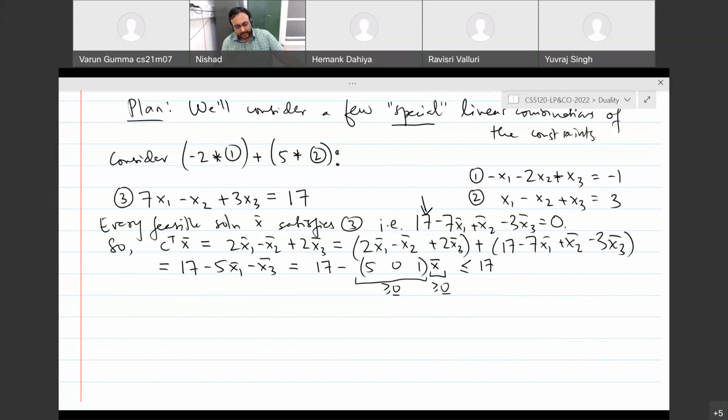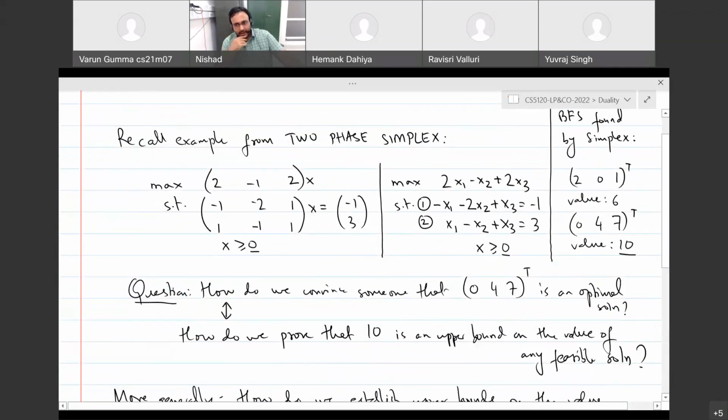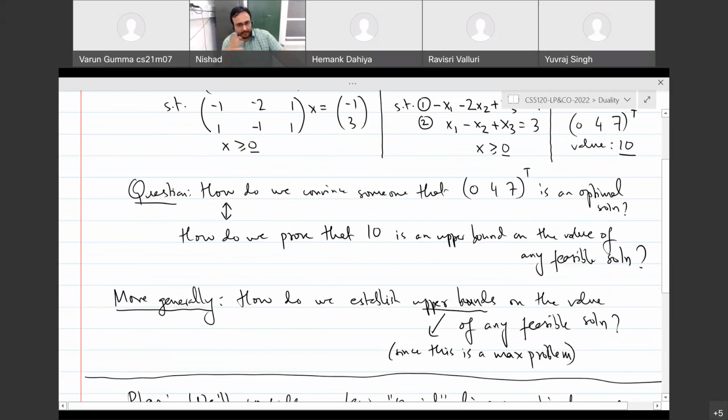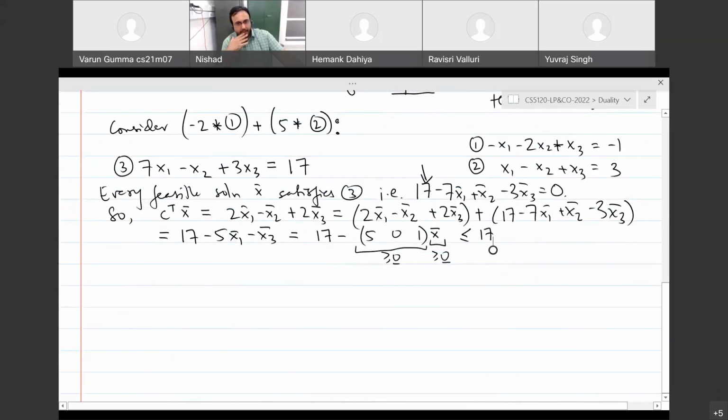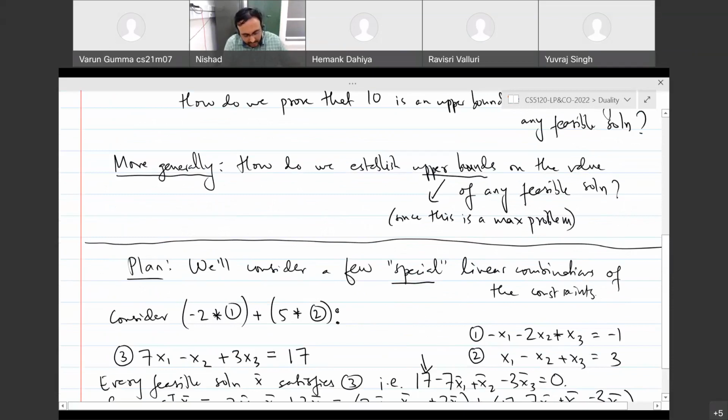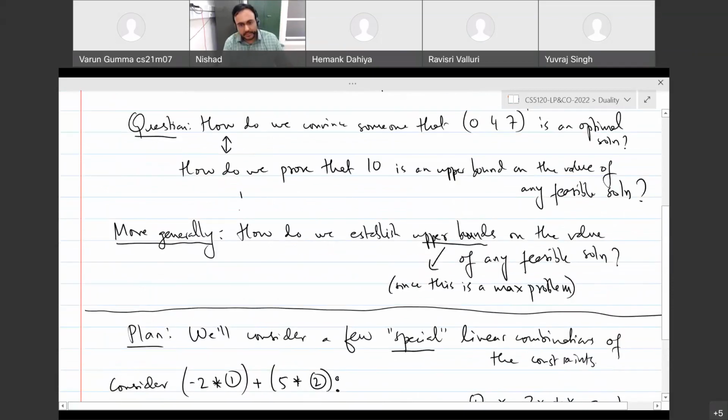In fact, based on our simplex, we actually know that 17 is not the value, it is 10. The 10 is the optimal. So at this point, the arithmetic we have done is very straightforward. We can only conclude that the upper bound is at most 17. Okay. But that is answering the question I wanted to ask, right? How do we establish an upper bound? So we will get to the upper bound of 10.